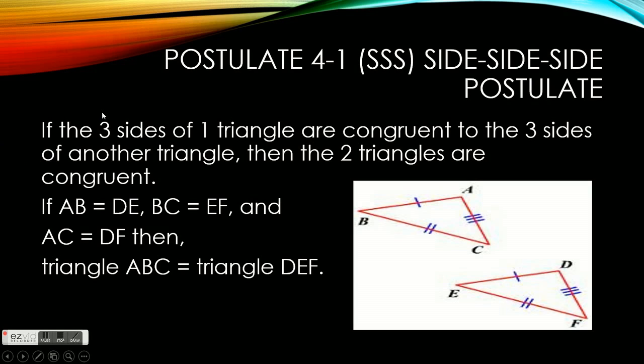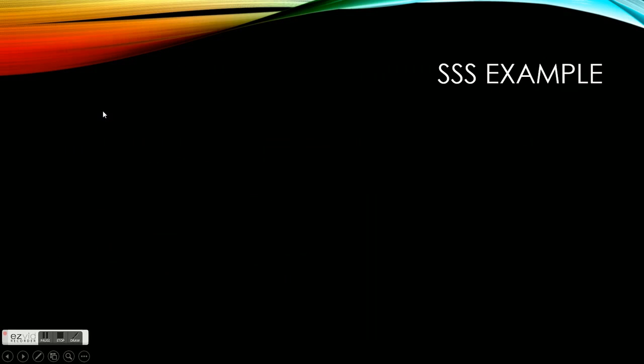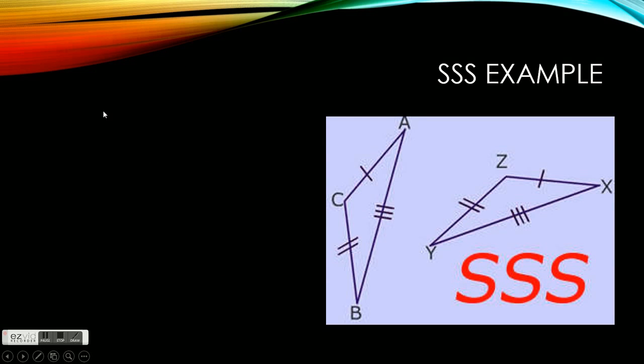Okay, so we have an example of the side postulate. We have triangle ABC and triangle XYZ. All three sides are congruent, as you can see by the tick marks on the triangles.